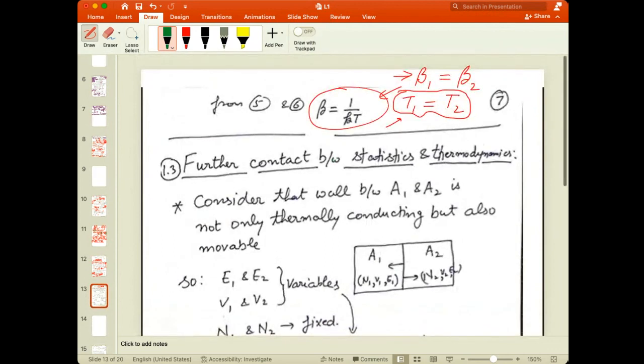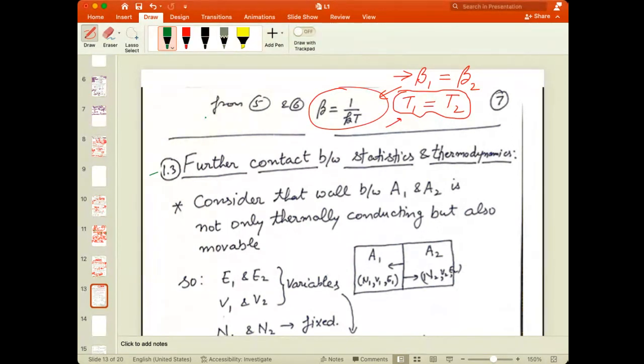Okay, time is almost up, so I should continue from this point next time. Let me introduce what I'm going to do next. In this discussion, I only allowed energy to be exchanged between system 1 and system 2.